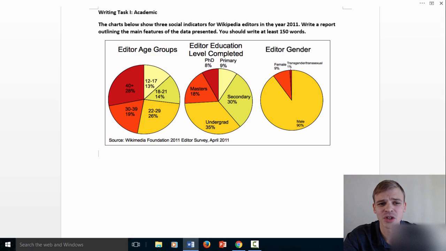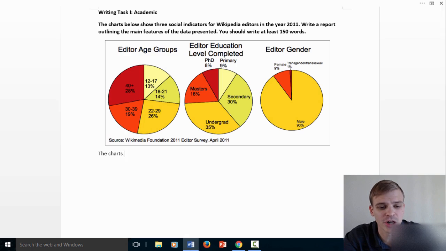So, as I mentioned, we're just restating the question in slightly different words. So I could say the charts, or these charts, and what do they show? Essentially, they show we have age groups, education, and gender.